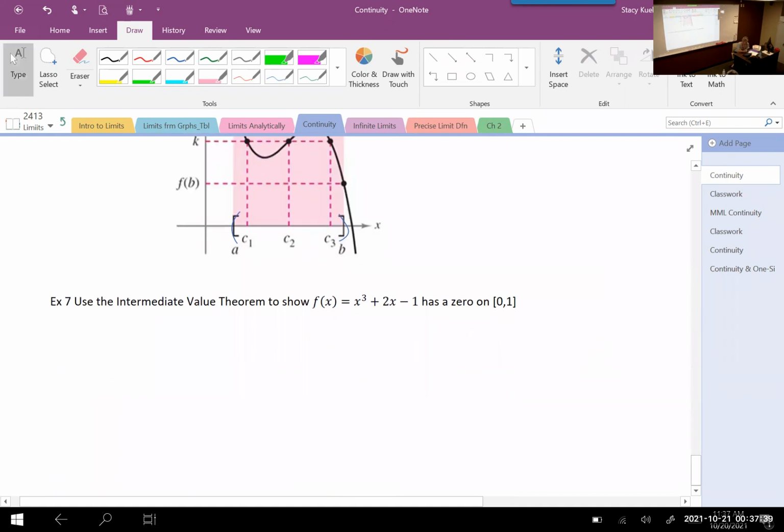I want to use the intermediate value theorem to show that the function x cubed plus 2x minus 1 does indeed have a 0 on the closed interval between 0 and 1. The first thing that you have to do is determine whether or not the function is continuous.